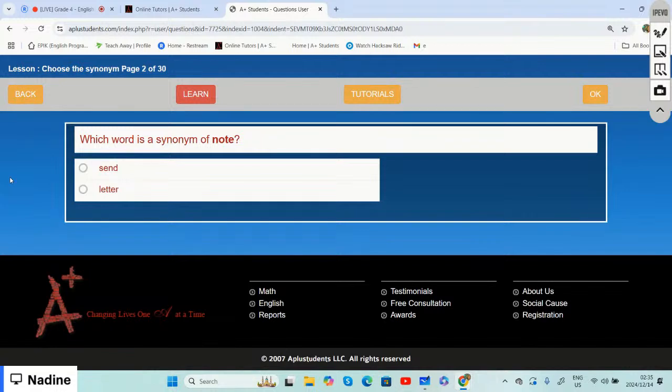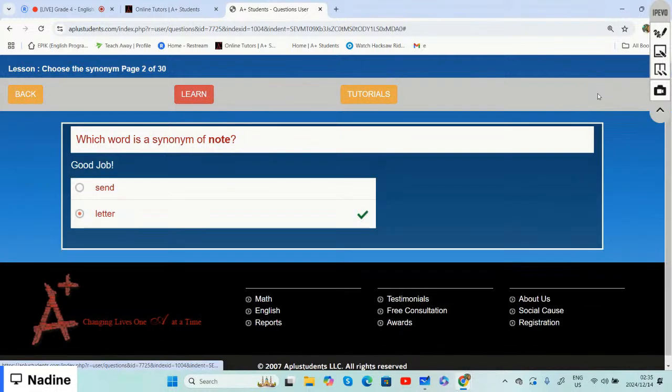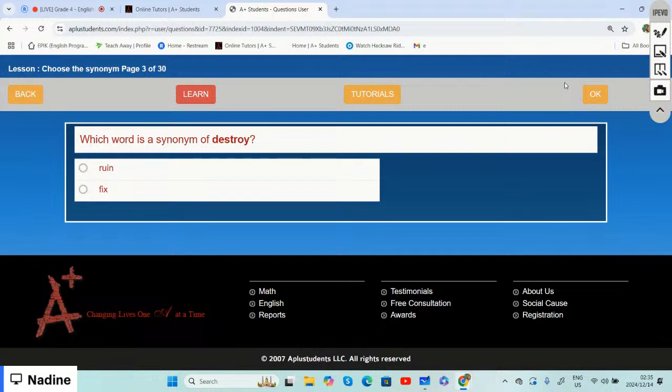And if we were to choose the correct option, then yes, a little note, it's the same as saying I sent a letter or I wrote a note, I wrote a letter. Well done. Letter or note is correct.